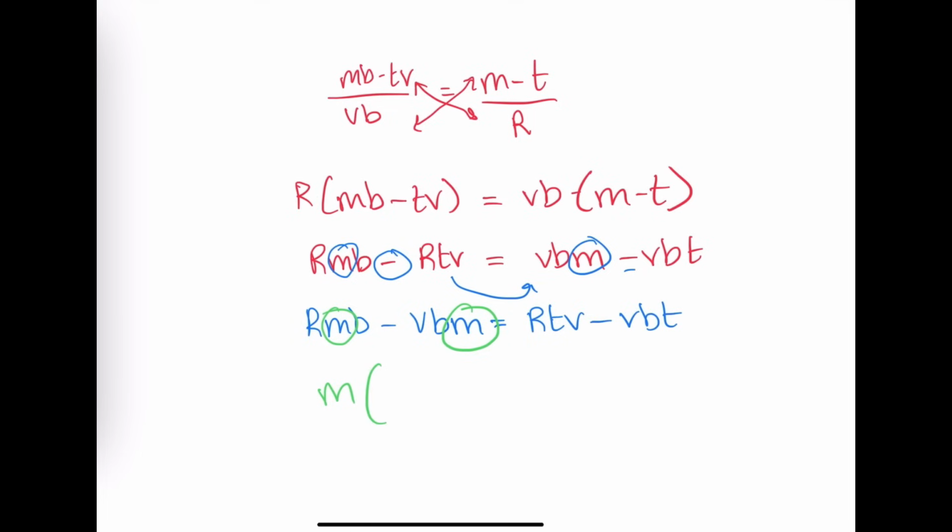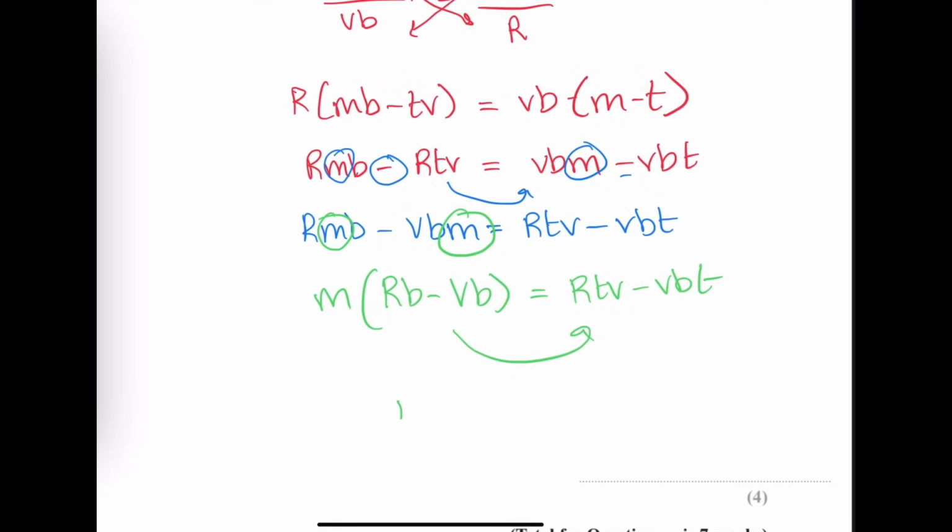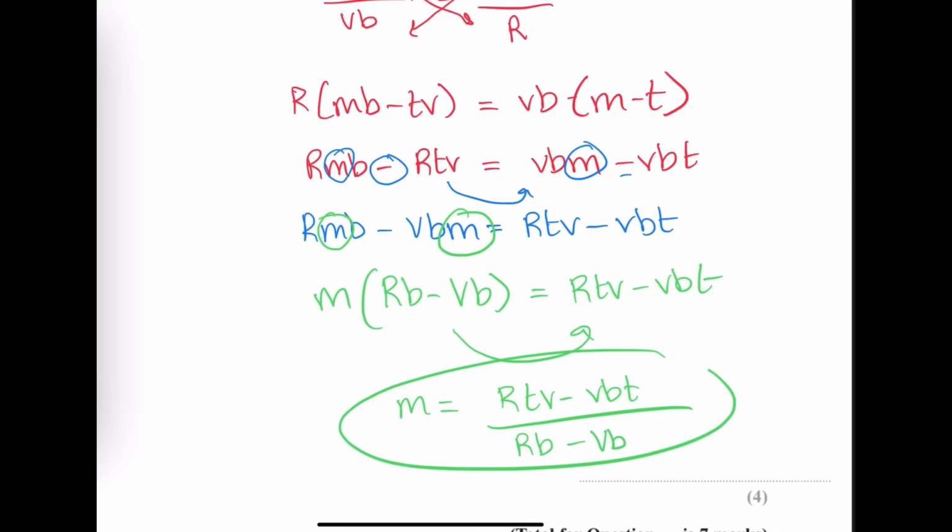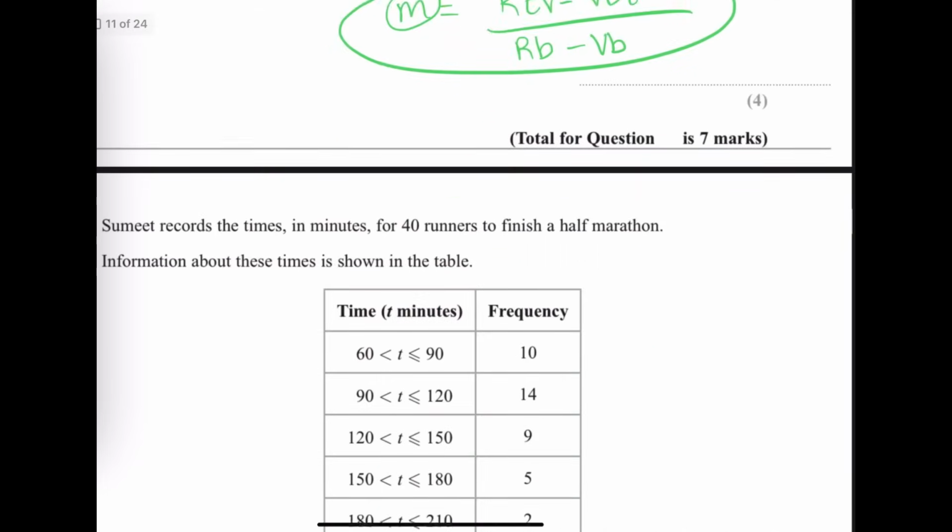So if we take it out, it will be RB minus VB, that equals RTB minus VBT. Now we can put this to the other side, so m equals RTB minus VBT, all divided by RB minus VB. And that is the answer. We made m the subject of the equation.